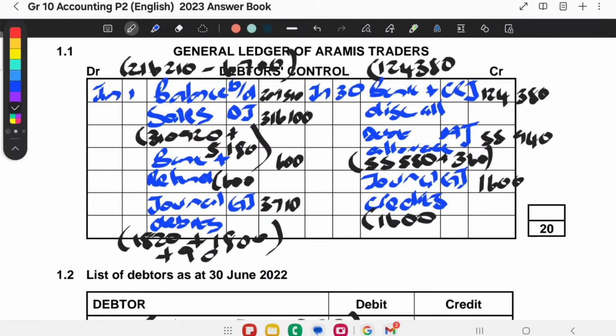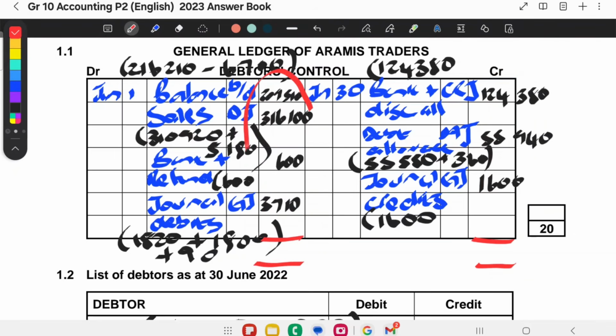Now we have to check where is our biggest side. So what you do is you add up all these totals, and then you add up all these totals, and then you look which one is bigger. So we work that out, and now we're going to balance the account.